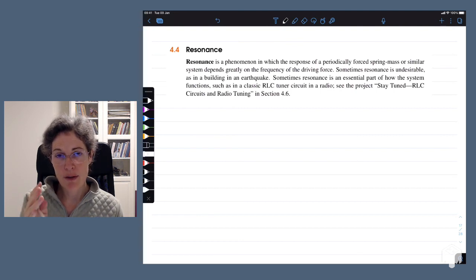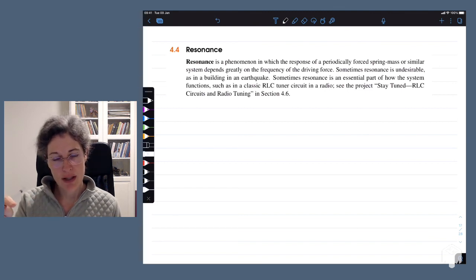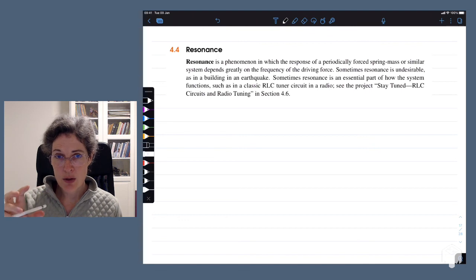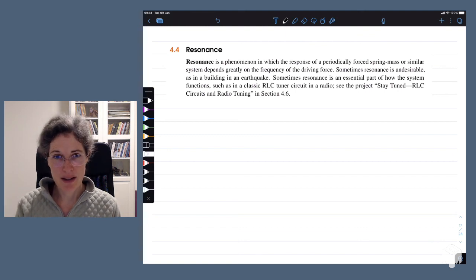We've seen that you could have very different responses depending on whether you have a flat driving function or a sinusoidal one, and it turns out that with sinusoidal driving functions there's actually a lot of interesting stuff that happens. So the second part of this video will be about resonance and looking at that in a little bit of detail. But for the moment, just spend some time getting comfortable finding particular solutions depending on particular driving functions. And when you're happy with that, come back and learn about resonance.